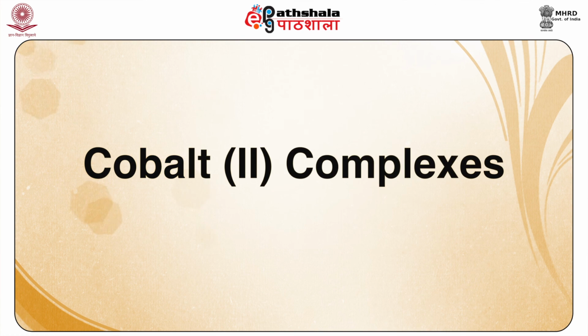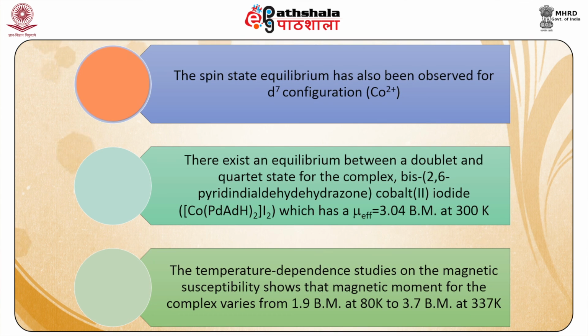Cobalt 2 plus complexes. Spin state equilibrium has also been observed for d7 configuration. There exists an equilibrium between a doublet and a quartet state of the complex. Bis 2,6 pyridine dialdehyde hydrazone cobalt 2 iodide has a mu effective equals 3.04 Bohr magneton at 300 Kelvin.